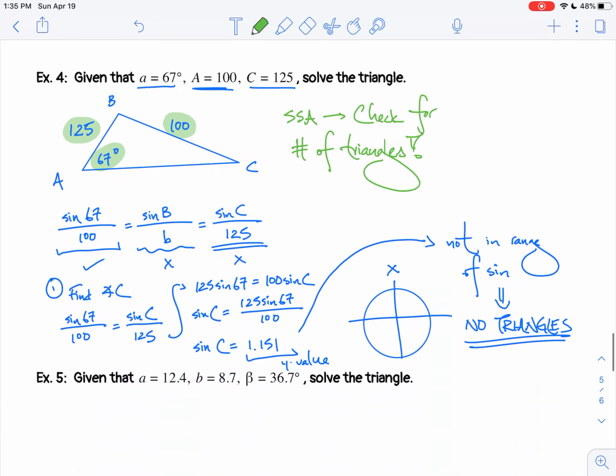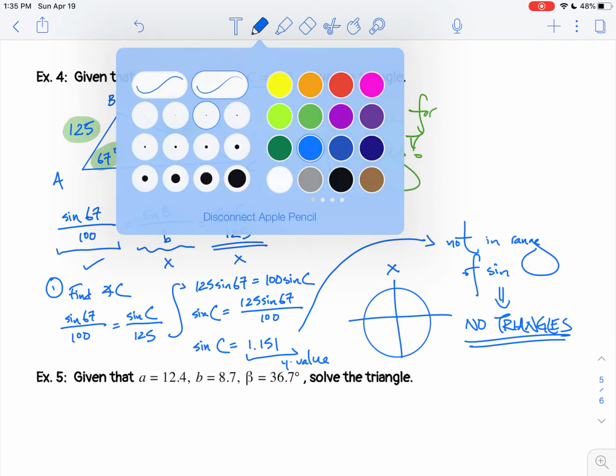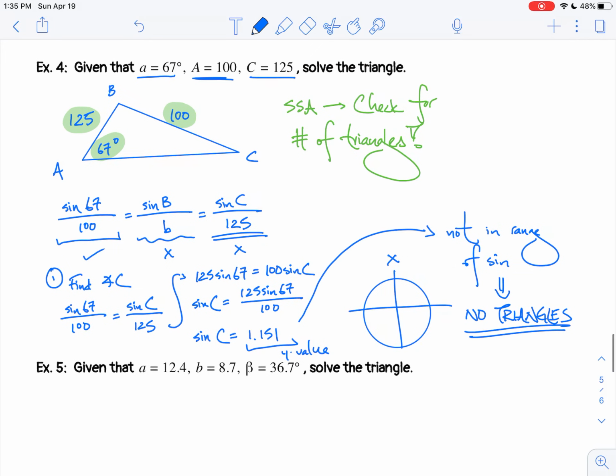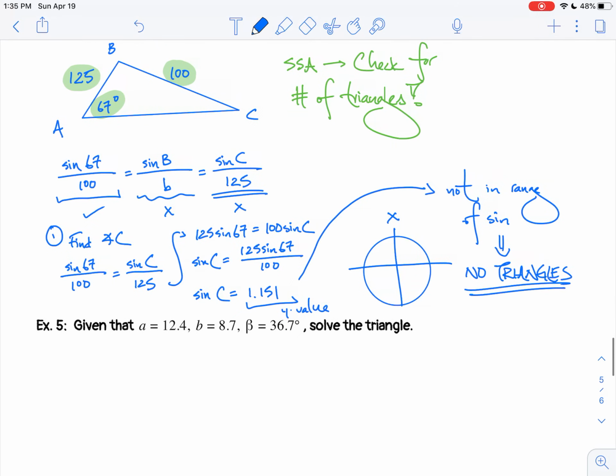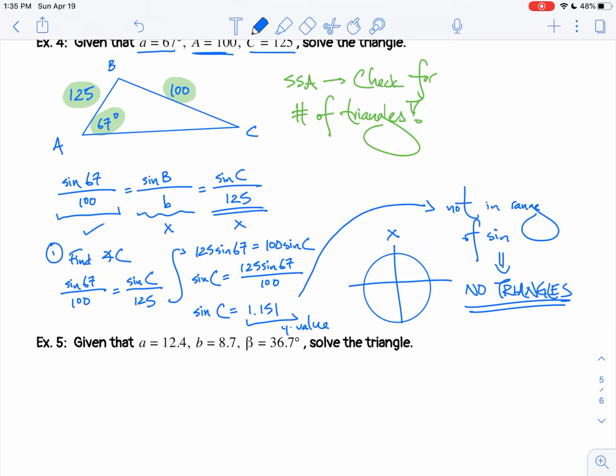All right. So let's take a look at example 5. Given that a equals 12.4, b equals 8.7, and beta equals 36.7. So let's start by drawing a triangle.